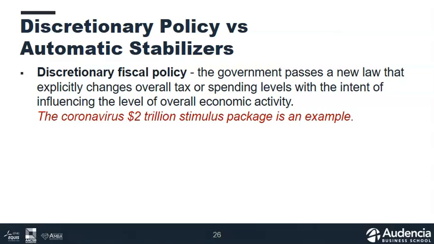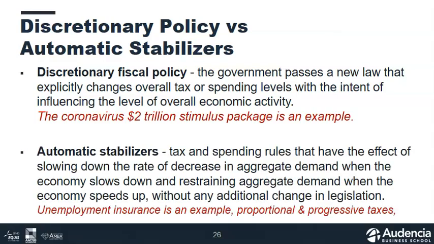We also have what's called automatic stabilizers. Automatic stabilizers are things that kick in automatically when the economy is, for example, in a recession. So, for example, unemployment insurance is a typical automatic stabilizer. As unemployment rises, more people will receive unemployment insurance, which helps push the economy forward. Same is true with proportional and progressive taxes.